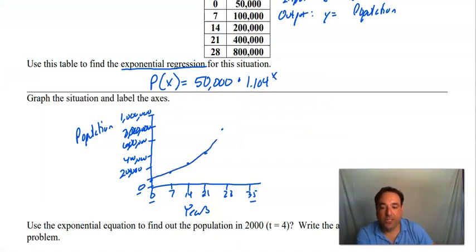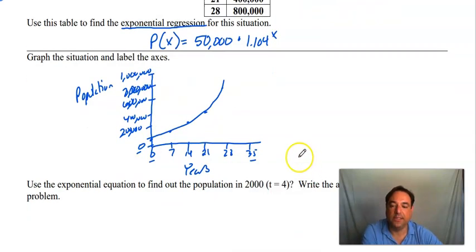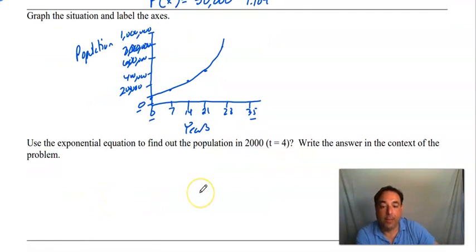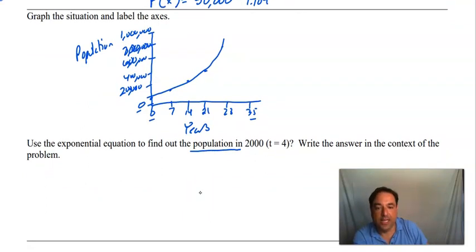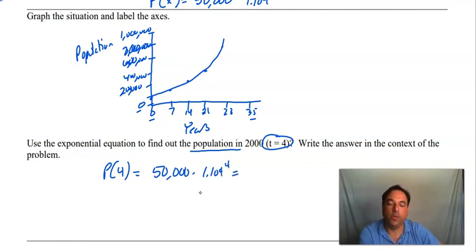Now we're going to use that equation to answer a couple questions. The first one says, use the exponential equation to find out the total population at 4. So that means we're just going to plug 4 into the original. That would be 50,000 times 1.104 raised to the 4. Now again, I can just type it in to the calculator.